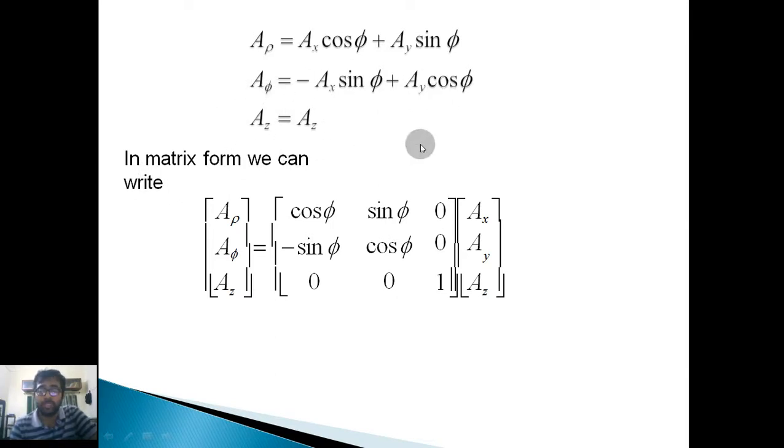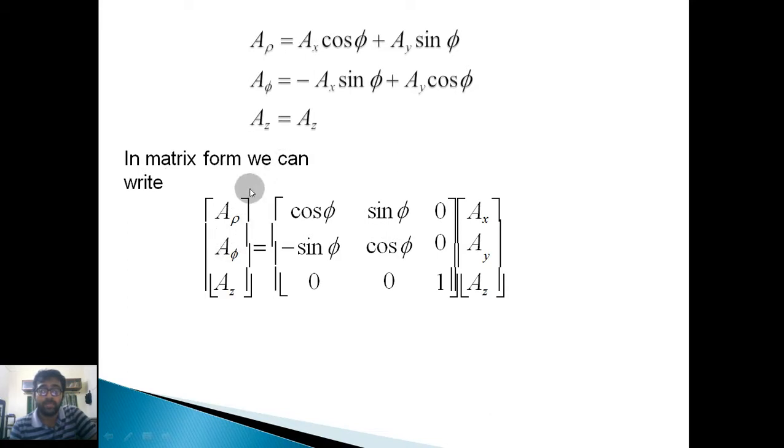The best way of remembering all the concepts we have described just a few moments earlier is the matrix form.